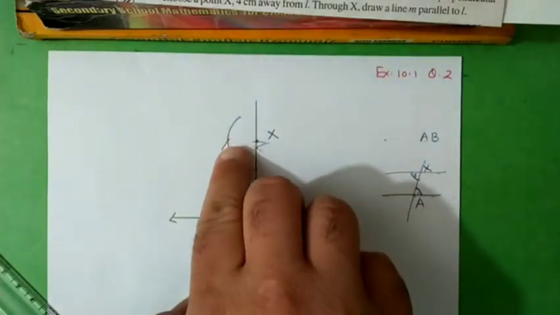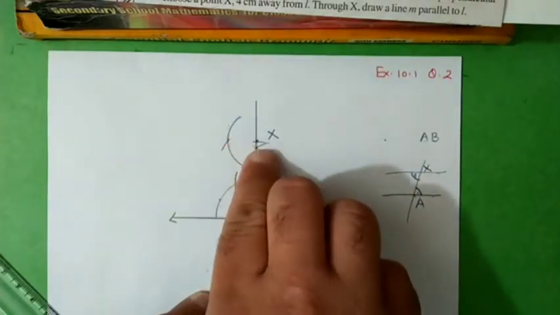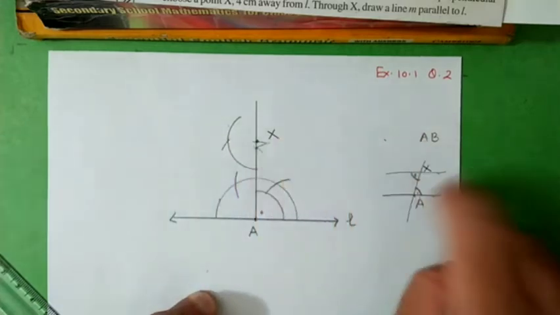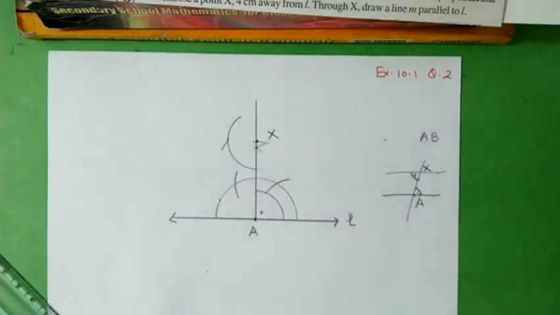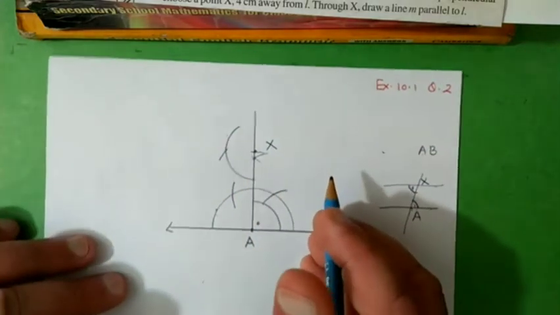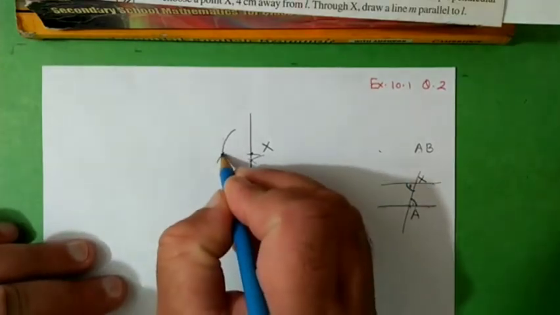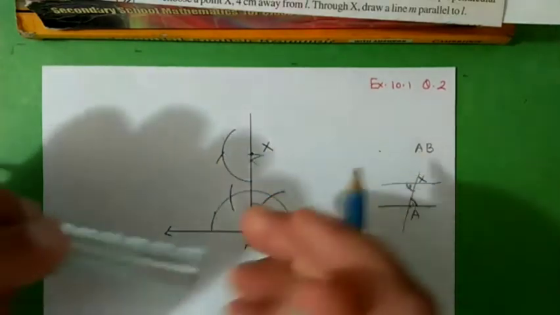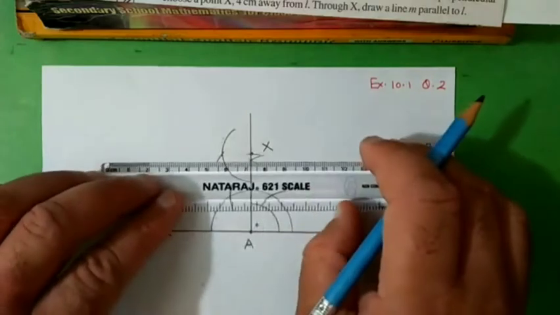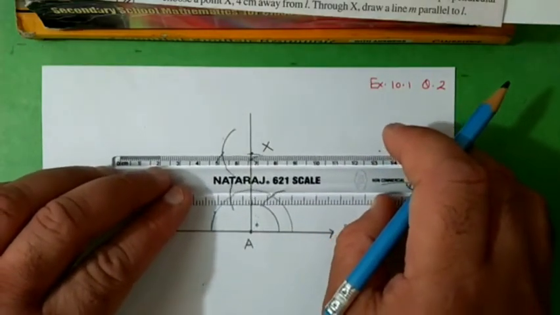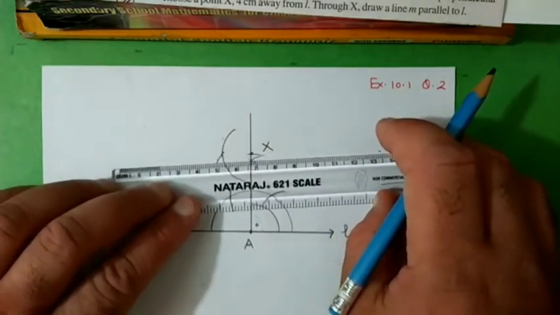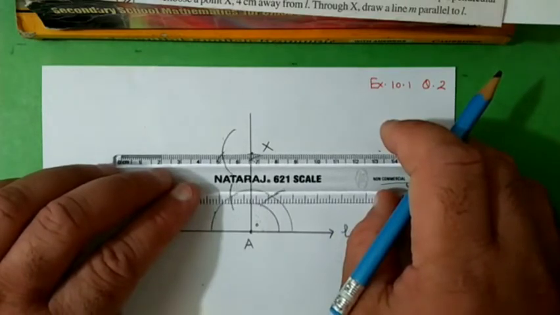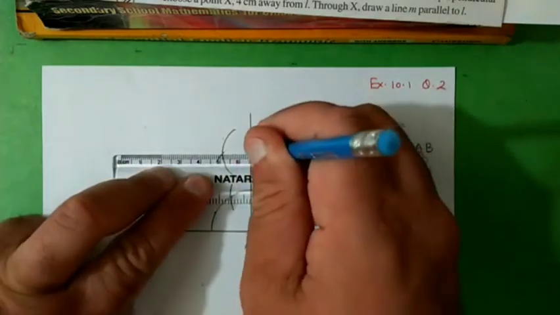And now you can see this is the intersection point, and from these 2 points I can easily draw a parallel line. So these are the 2 points, and with the help of the ruler I will draw here a parallel line. Okay, look at here carefully.